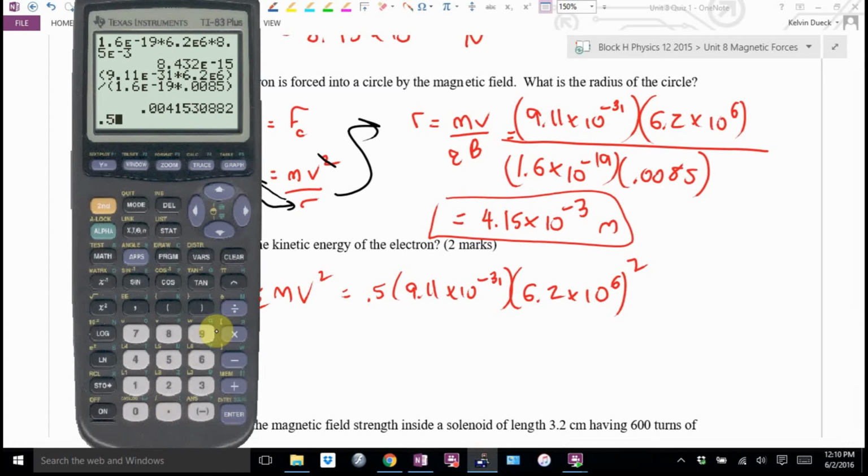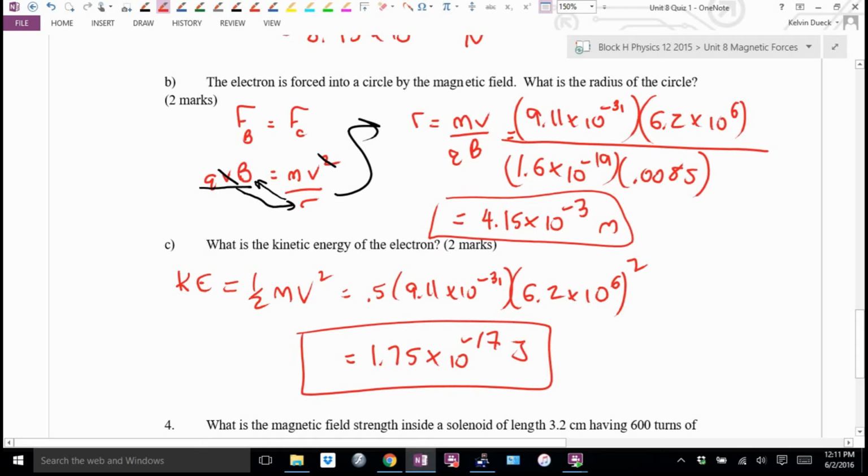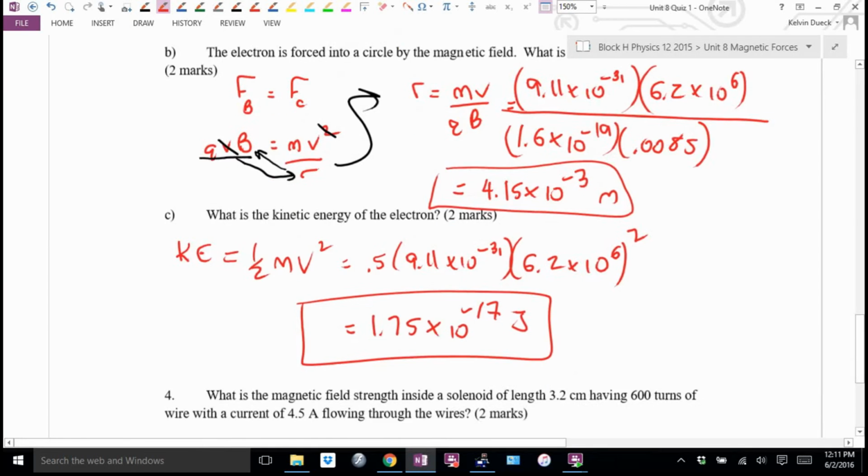Don't forget that. Is that right? 1.75 times 10 to the negative 17 joules? No, yes? I snuck that in because we're getting towards the end of the year. I thought I'd review a little work and energy. 1.75 times 10 to the negative 17 joules. 2 marks for that. Wow.